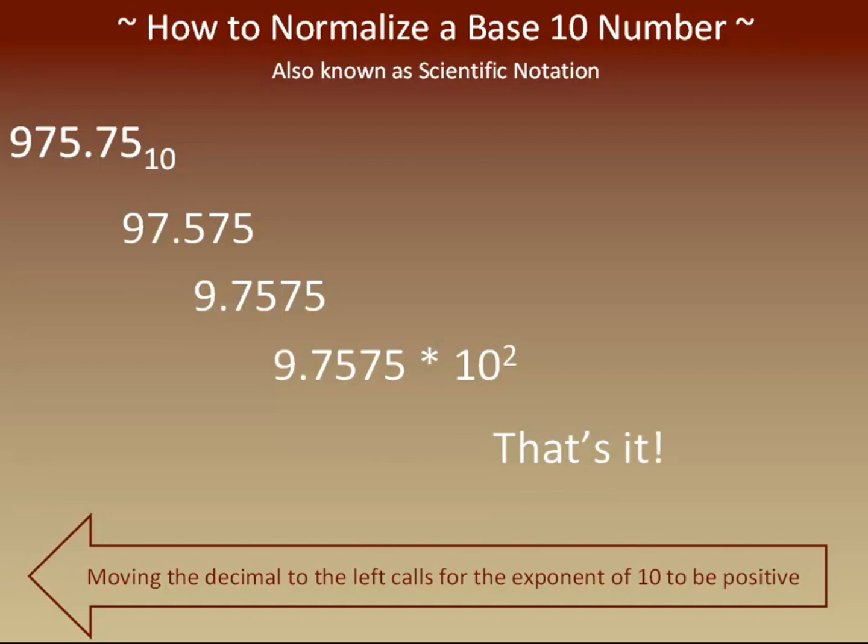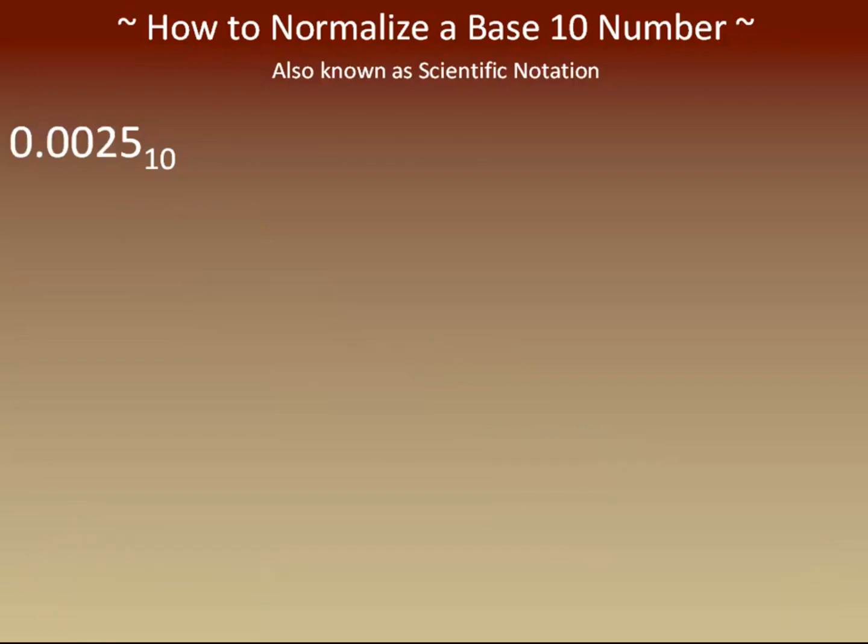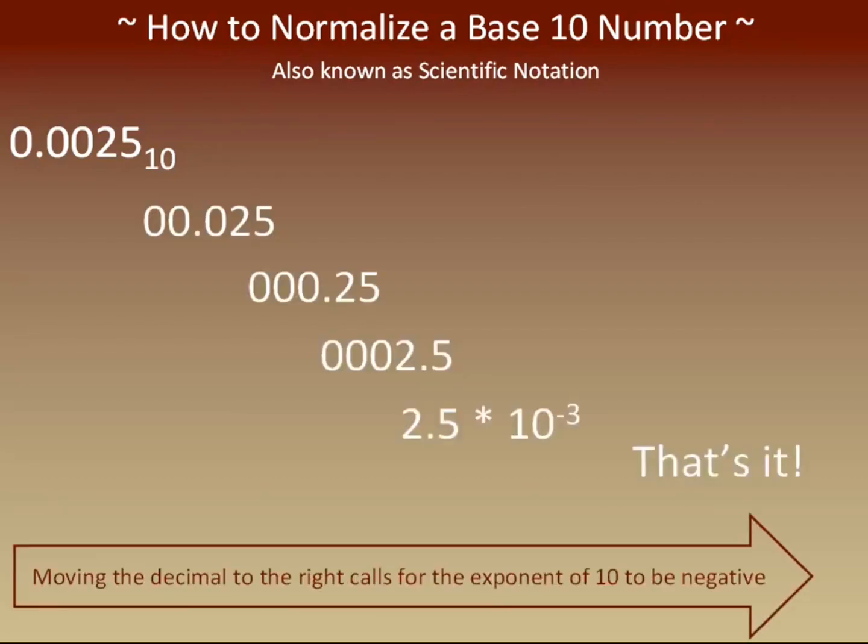Now you may ask yourself, well, what if it is a small number, less than 1, like 0.0025? We would normalize it in a similar way, but since we're moving the decimal from the left to the right, we have to decrement the exponent we will use. So we will move our decimal place to the right 3 times. That makes the first non-zero digit appear to the left of the decimal point, giving us 2.5.